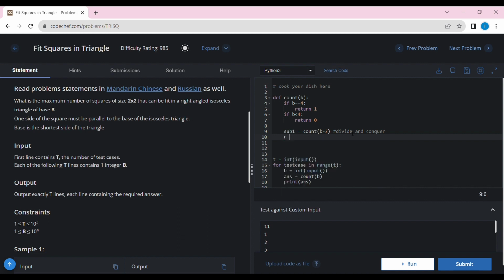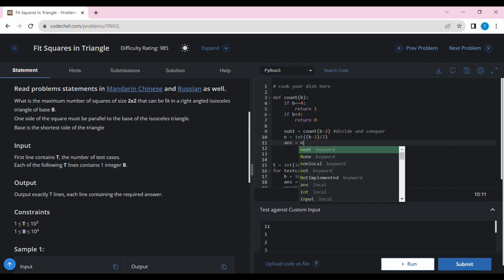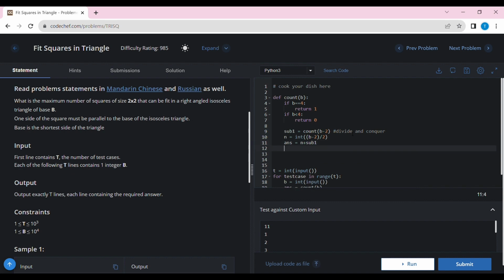Which was n. So n, if you remember, is equal to the integral part of b minus 2, which was the length of dE upon 2, right? So that's it. And then our answer is basically equal to n plus sub 1. Okay, and we can just return this answer.